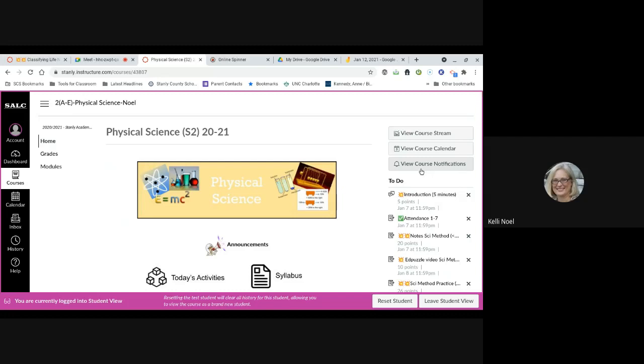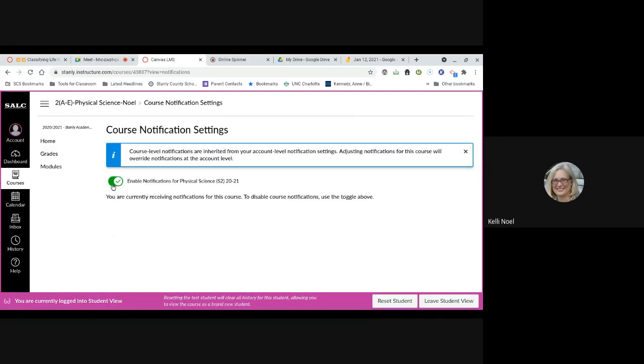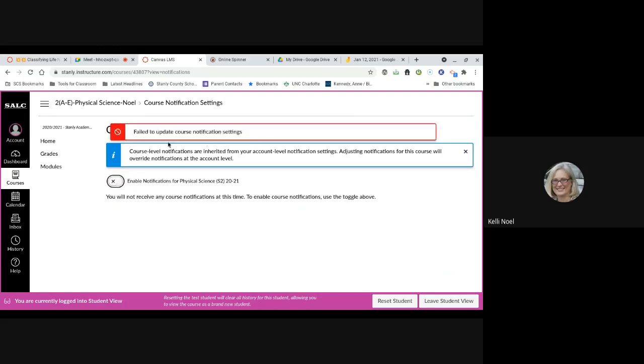If you're getting a lot of emails in your school email from Canvas, every time I create a new assignment or something like that, sometimes it sends students an email. If you click here, view course notifications, you can turn that off. So if it's green, you're going to get those emails. If you just click on it, and I can't do it because I'm in a student view.